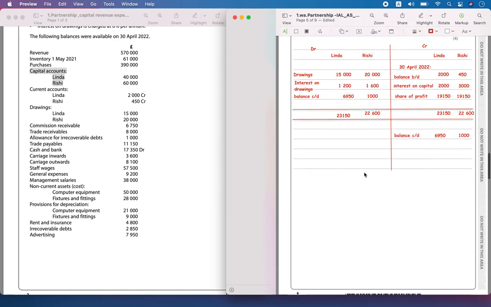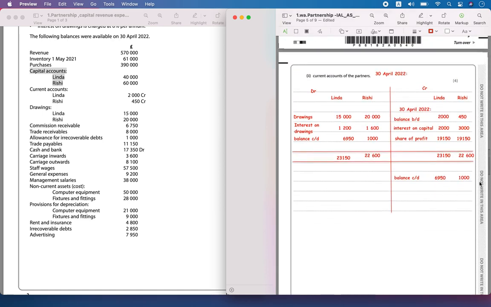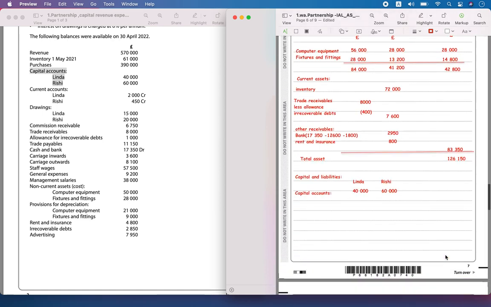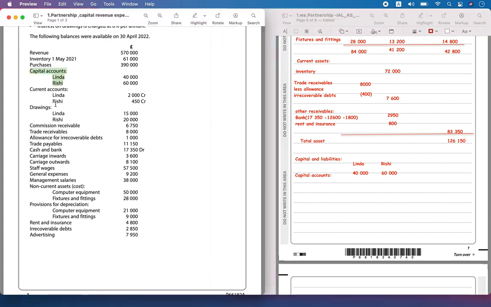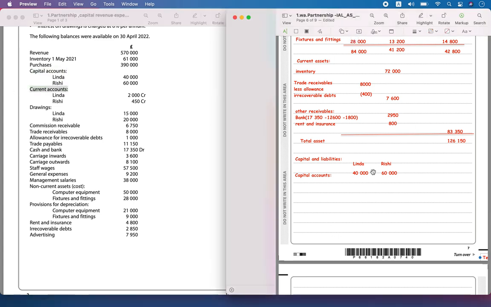Now the current account balances which we had prepared were 6,950 and 1,000.